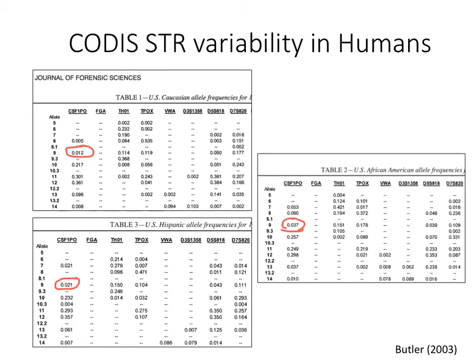Most of these frequencies aren't that different. Hispanic, African American, Caucasian, you name it, there are very similar general patterns. There are often just nuances in how many of different populations have different sizes of alleles. So we're all very similar genetically, subtly different.